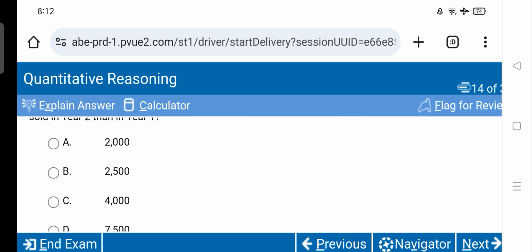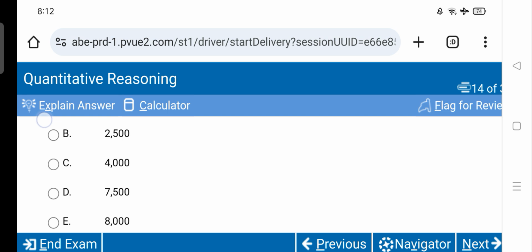Option A, 2,000. Option B, 2,500. Option C, 4,000. Option D, 7,500. And option E is 8,000.